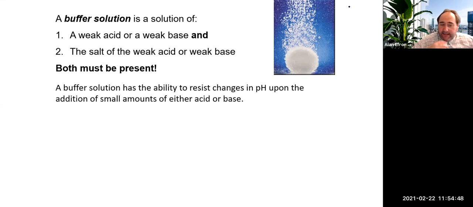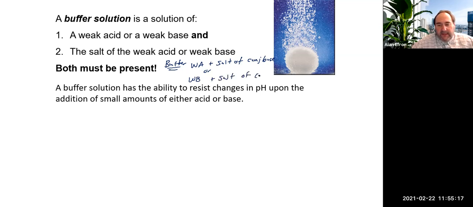solution that basically has either a weak acid or a weak base and the salt of its conjugate acid or conjugate base. So a buffer is pretty much made up of a weak acid and the salt of its conjugate base. Or you can make a buffer with a weak base and the salt of its conjugate acid.